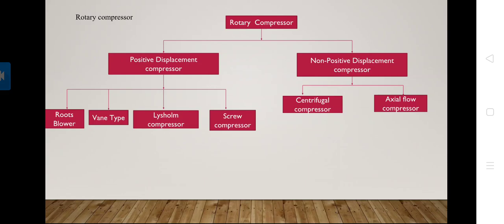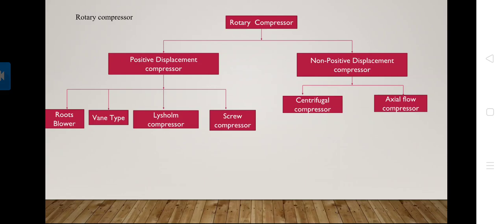A rotary air compressor has a rotating element to compress the air, and it supplies the air at low pressure, but it gives continuous discharge with a large quantity of air. These rotary air compressors are classified into two groups, positive displacement compressor and non-positive displacement compressor.